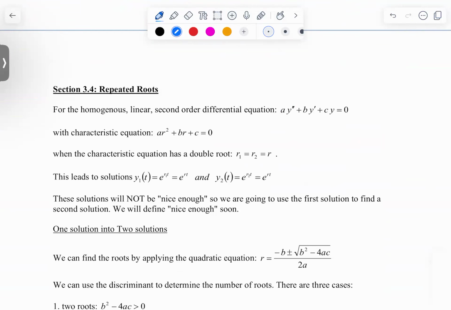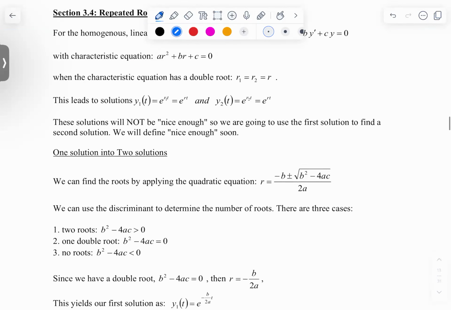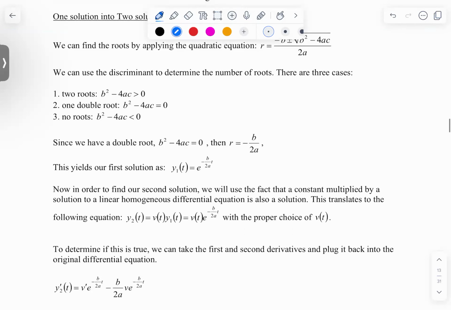The solutions have to be distinct. We're going to get way into this in chapter 4, but even at the end of this chapter, we're going to show that you can't have two solutions representing the same value.